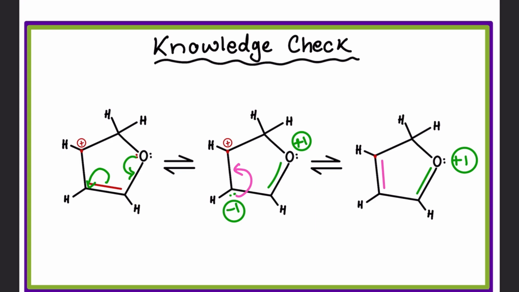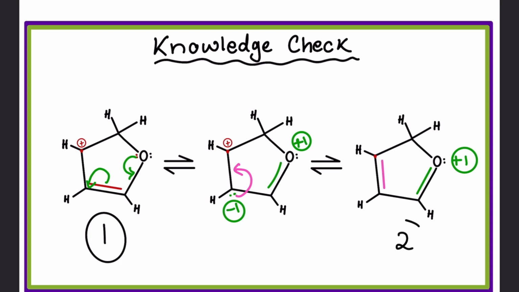So, if I wanted to rank all of these structures, I would rank this as number 1 because it has minimized formal charges, and even though there is a positive charge, it's actually on the carbon, which is the less electronegative atom.